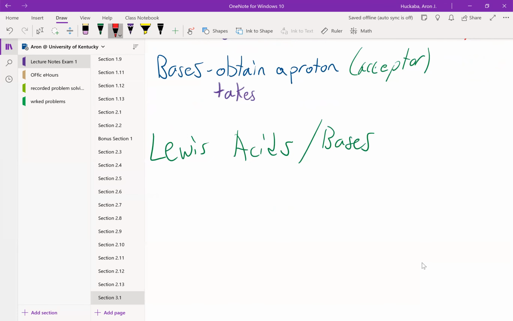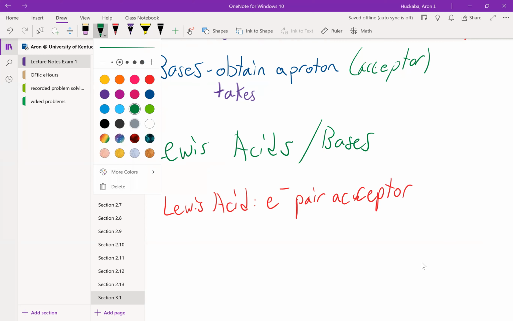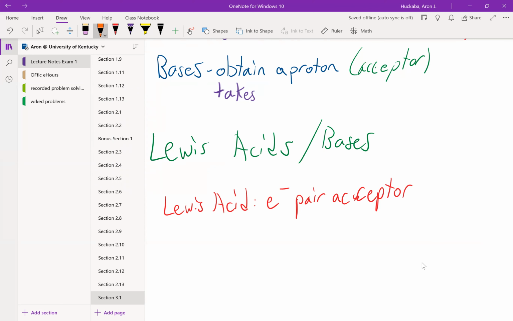Here, the acid in the Lewis definition is the electron pair acceptor, while the Lewis base is an electron pair donor.